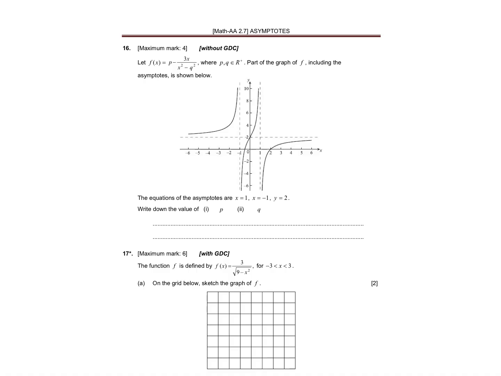16, we've got f(x) is that, where P and Q are positive reals. Part of the graph of f, including the asymptotes, is shown below. The equations of the asymptotes are y = 2, x = -1, and x = 1. Okay, so we have this point (0, 2).